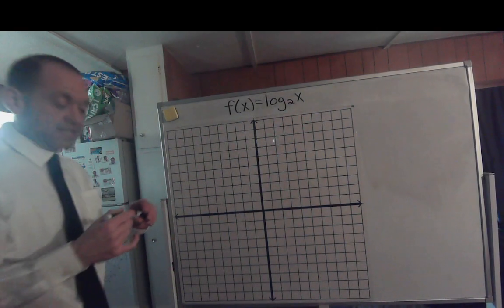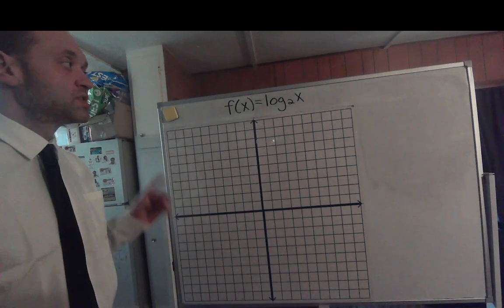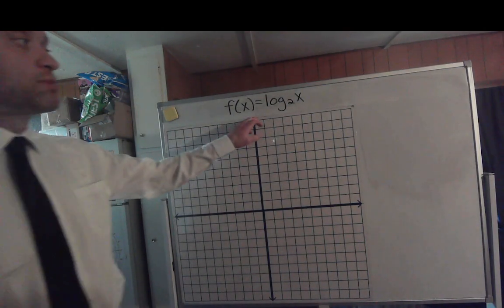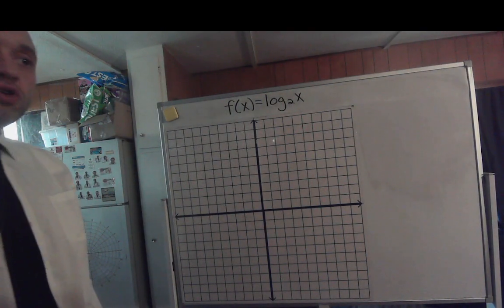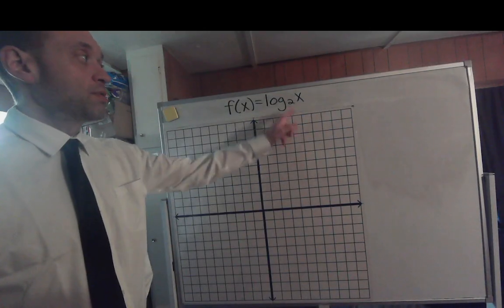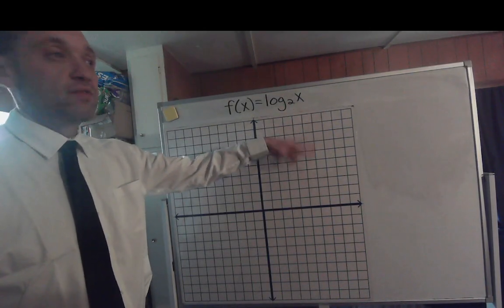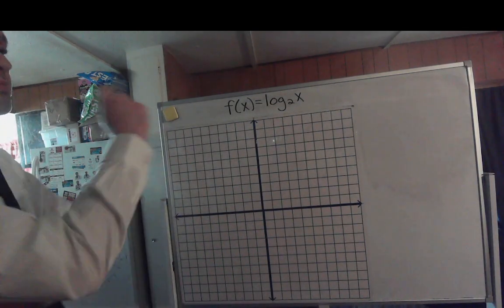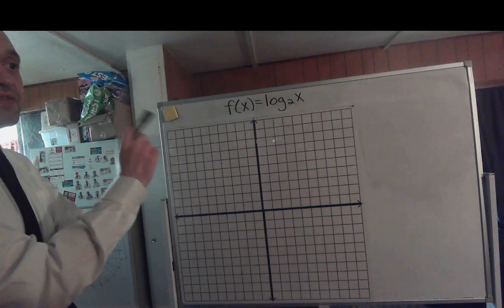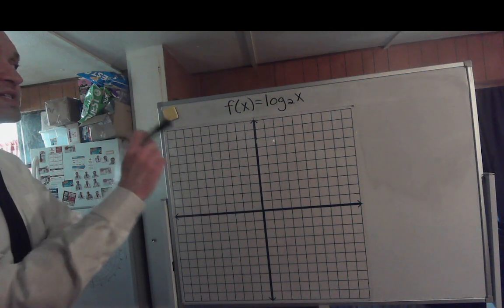We'll just go with base 2 to make life easier. This is generally going to hold true for any base, whether it were 3, 5 or 10, what have you. Keep in mind though, this is the inverse of the exponential function, so it's going to look a little different.